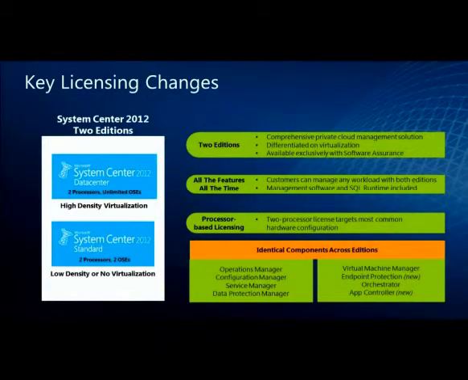You see all those components listed. The only difference is that we are recommending that you use System Center 2012 Datacenter when you have high virtualization density, and you use System Center 2012 Standard when you have low virtualization density.